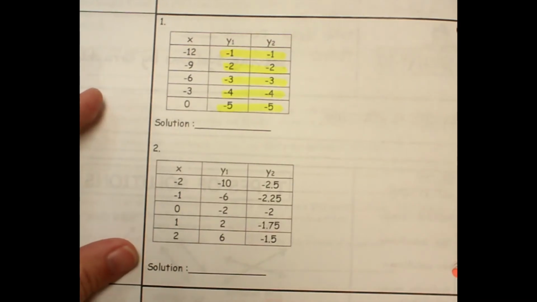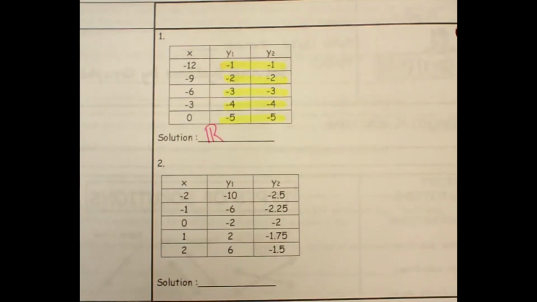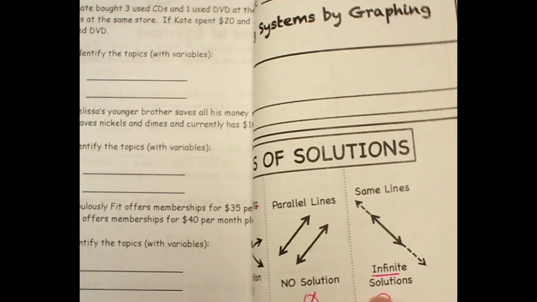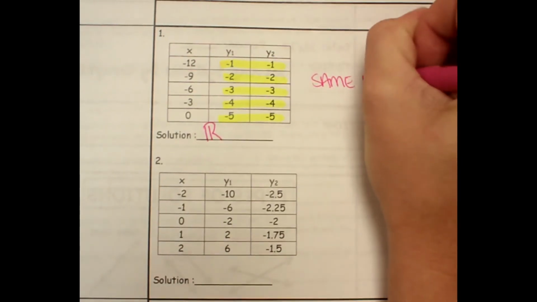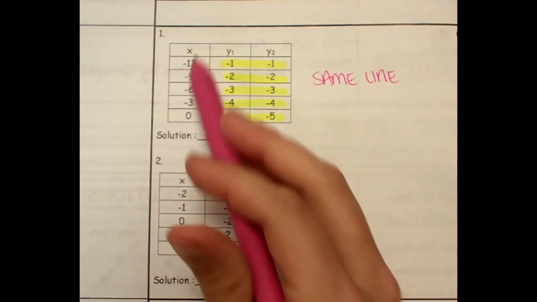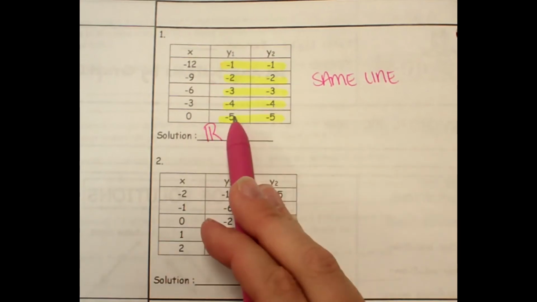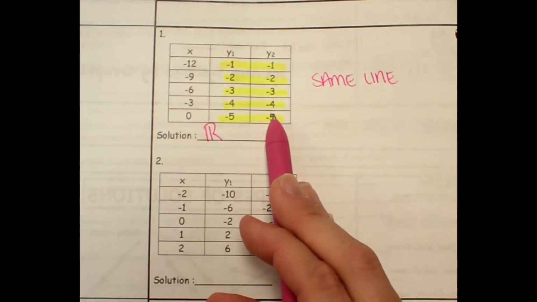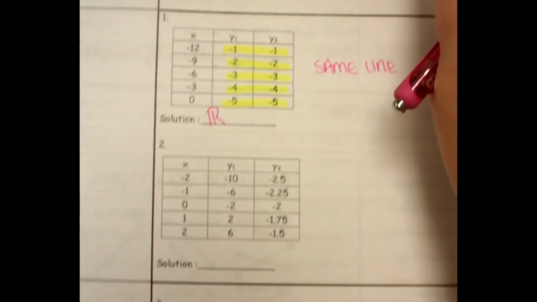If we look, it looks like we have an infinite amount, so it must mean that we have the same line, okay? So these must be the same line. If you're a little confused, this is a table of points, okay? These are your x values. This is your y1 for the first line, y2 for the second line, and you're looking to see where they intersect at. Let's look at example 2.